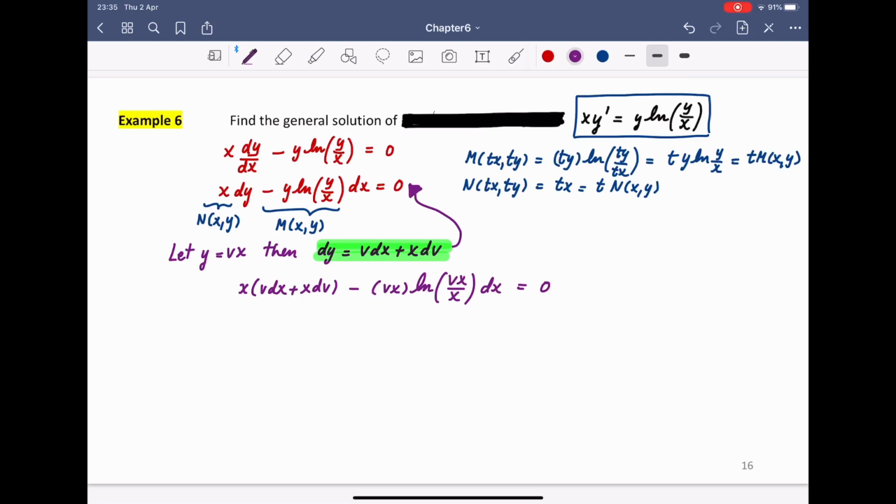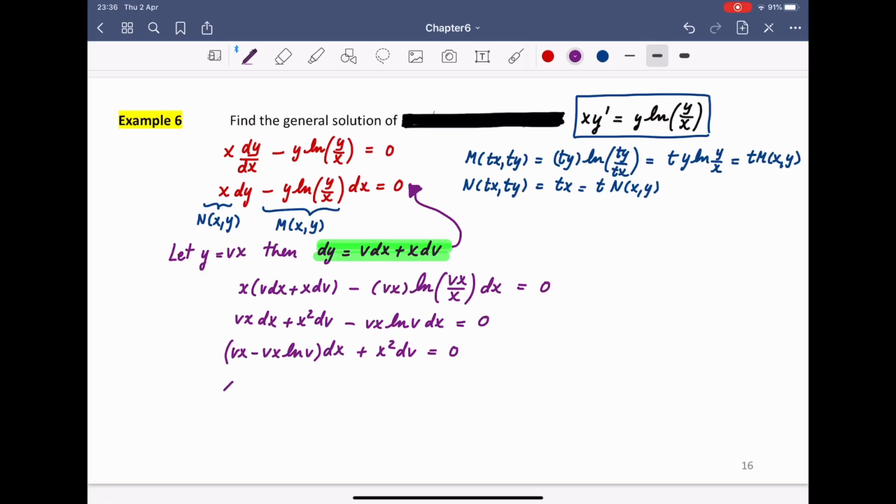Simplify it. I get v times x dx plus x squared dv minus vx log v dx equal to 0. Now I'm going to group dx together. So I get (vx minus vx log v) dx, grouping everything with dx together, and then plus x squared dv equal to 0. Now you can see that this is a separable equation: you just pull out one x from the first term.